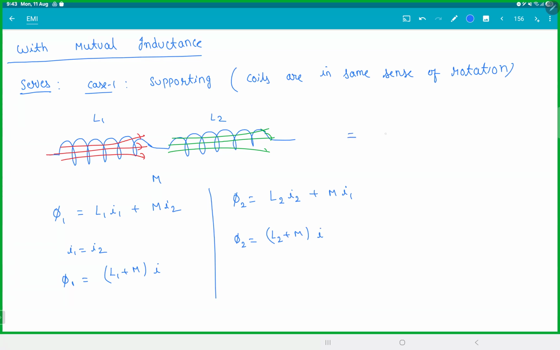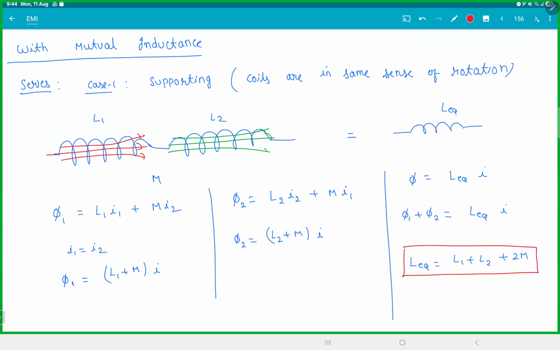So when you want to replace this with one inductor L equivalent, flux will be L equivalent into I, so phi1 plus phi2. We get L equivalent will be L1 plus L2 plus 2M, where M is the mutual inductance. M tells you how much both the coils interact. The same thing, if I put the coils in the opposite direction, then it will become subtracting.